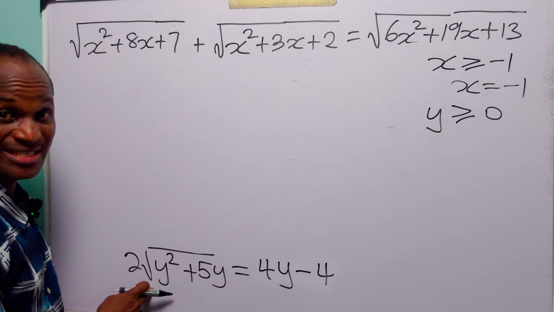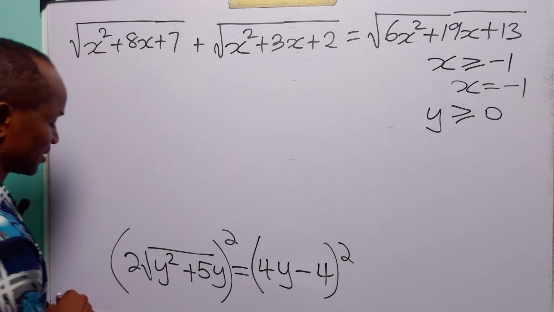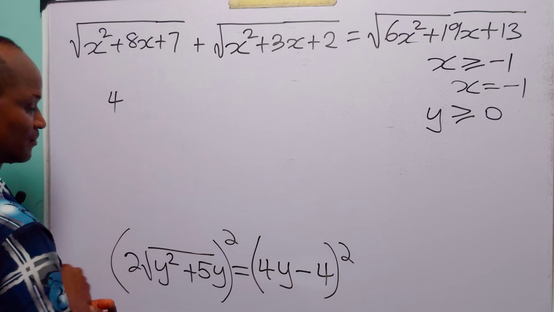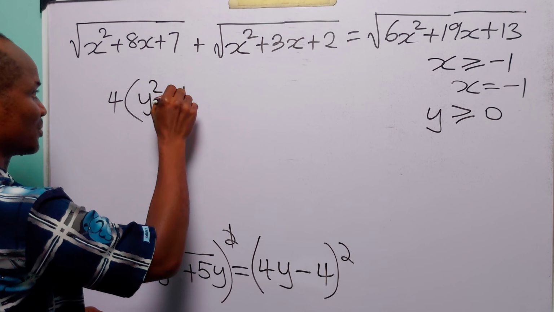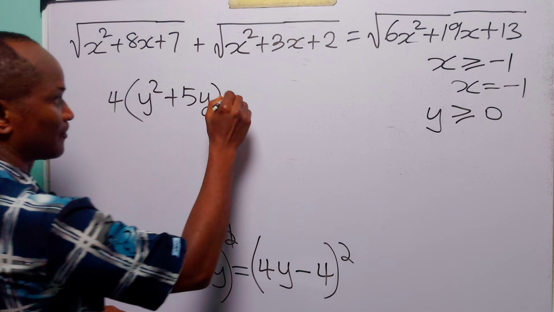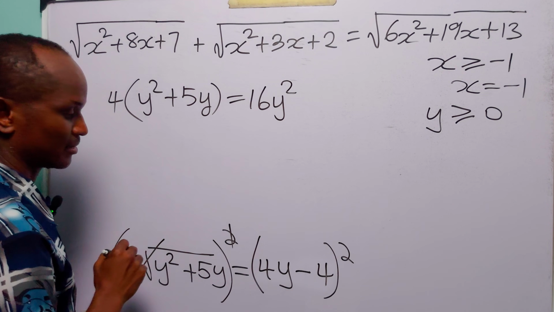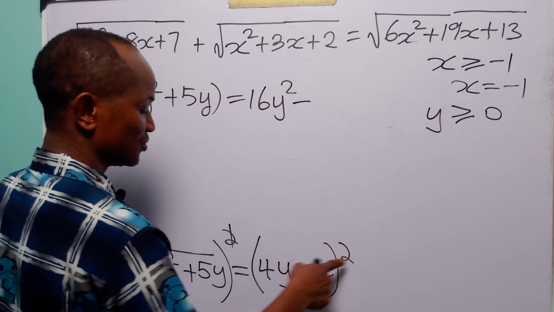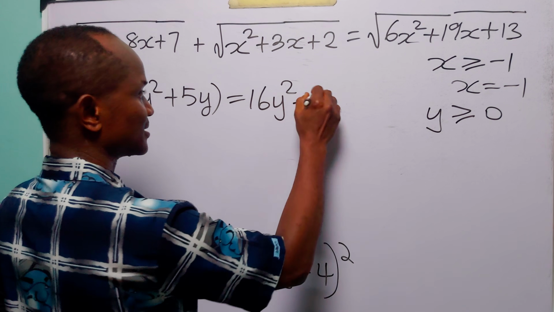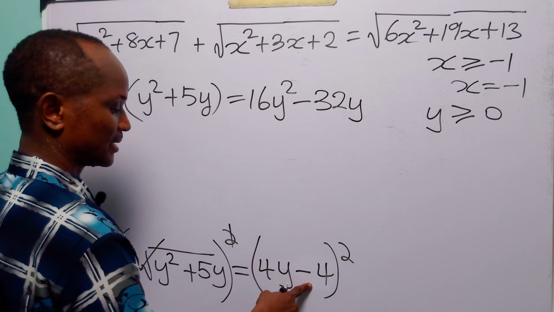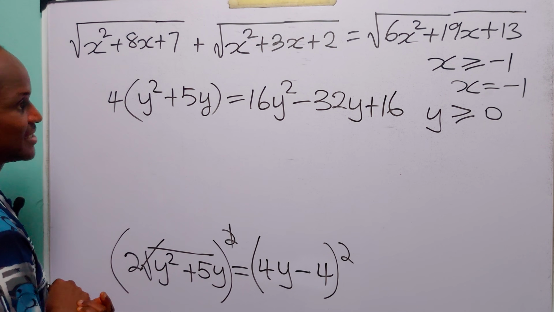And of course, now to get rid of this square root, once more, we square both sides of this equation. 2 squared is 4. This is going to take care of that, leaving us with y squared plus 5y. Now, 4y squared is 16y squared minus 2 times 4y is 8y times 4, that is 32y. Then we have minus 4 squared, which of course is equal to 16.